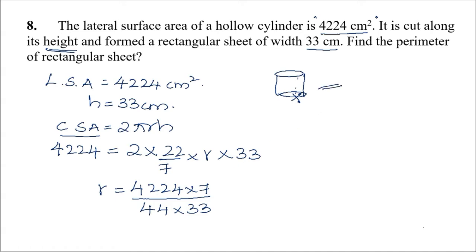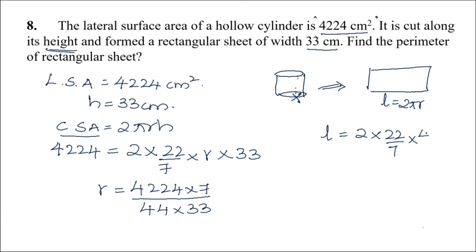When we spread this hollow cylinder, we get a rectangle. This length would become the circumference of the circle. So let me take L as 2 pi r. R is 4224 into 7 divided by 44 into 33.